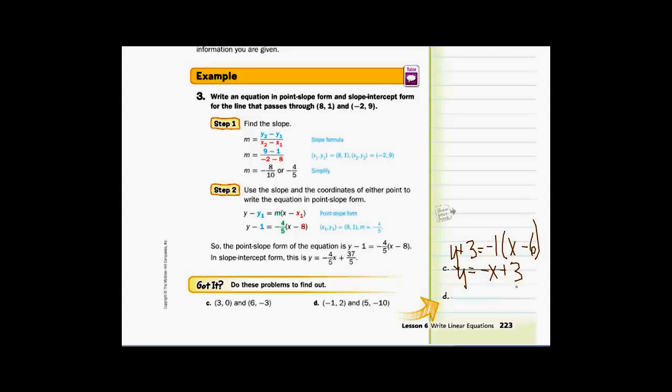For D, for point slope: y minus 2 equals negative 2 times x plus 1. And then to rearrange that into slope-intercept, y equals negative 2x.